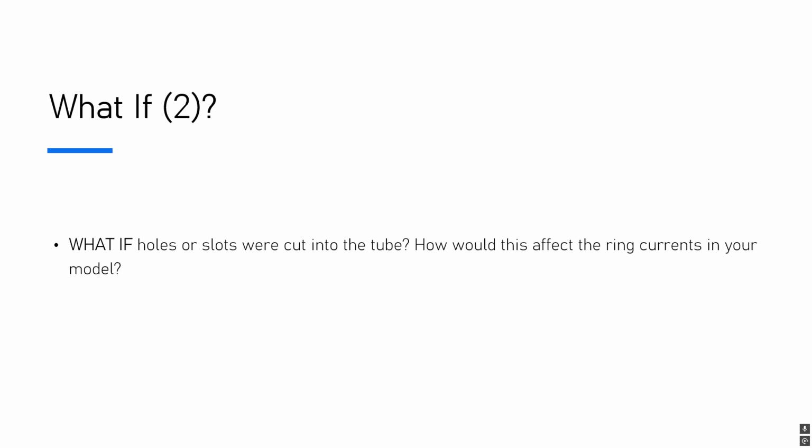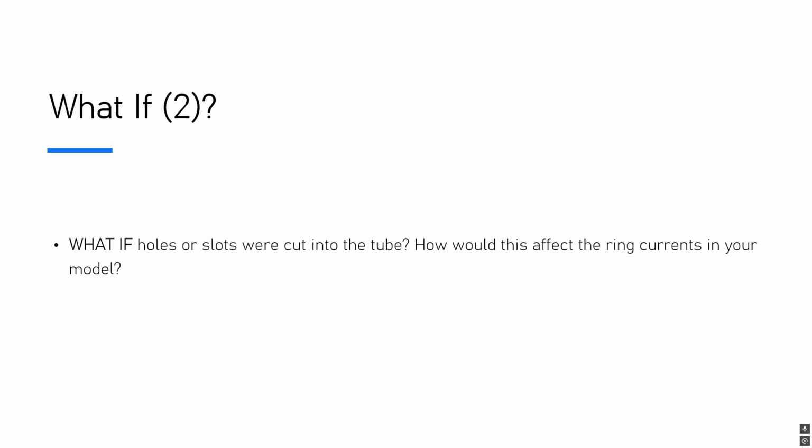So the second what if question is, what if holes or slots were cut into the tube? How would this affect the ring currents in your model? So, like I said, those colors on the cylinder were ring currents running through the perimeter of the cylinder as the magnet was dropped through. Now, if you cut holes in it, you can imagine it almost like the perimeter is a circuit, and that hole would be a resistor in the circuit.